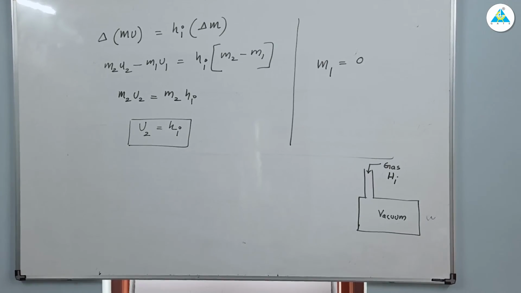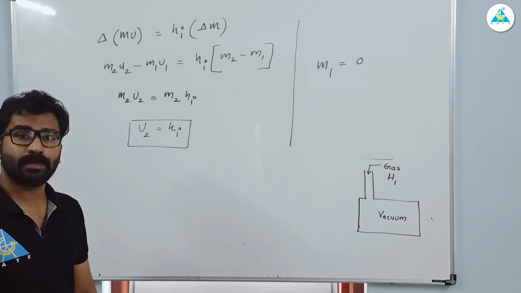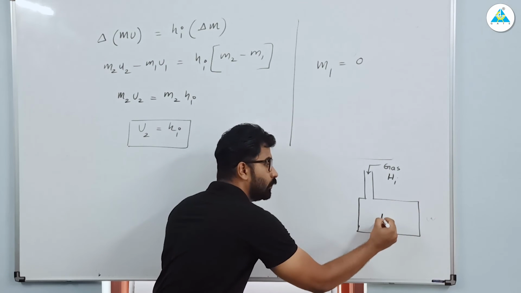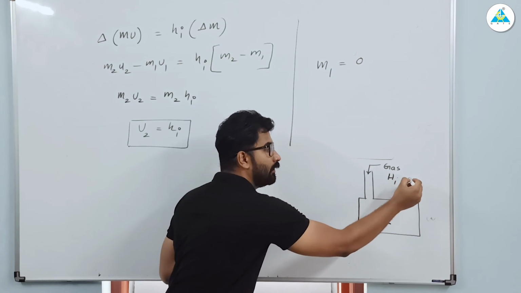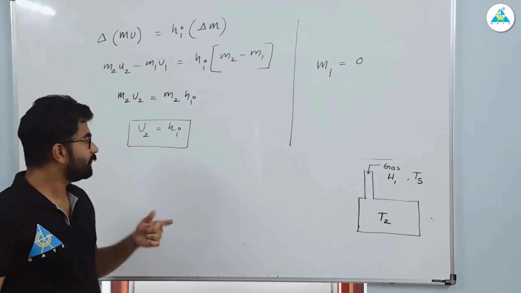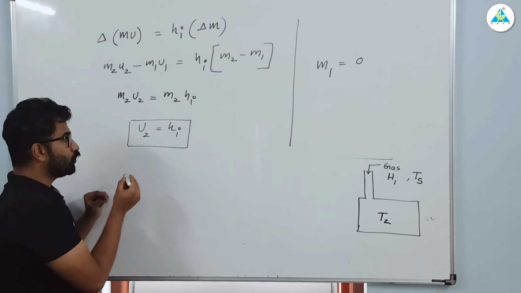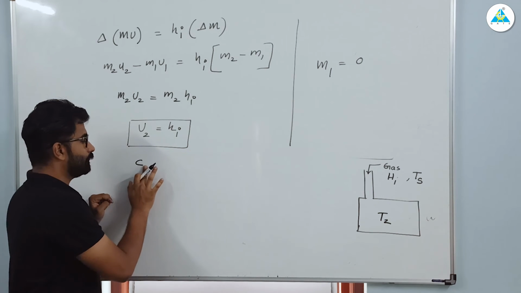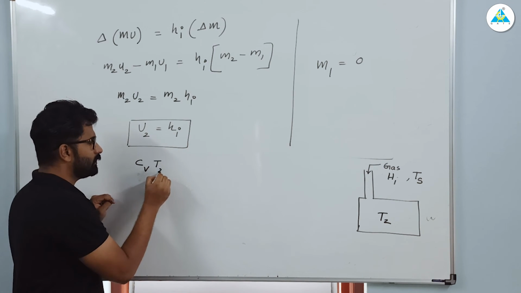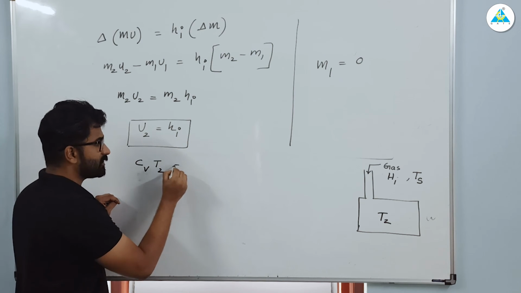Now how to solve it? It's very simple. They are asking the relation between final temperature T2 and supply temperature Ts. What is U2? I can write it as internal energy, for an ideal gas, Cv times T2. What is H?